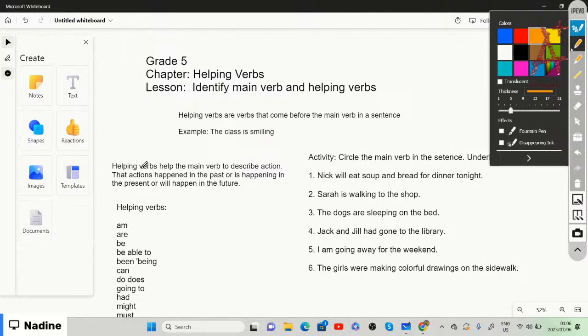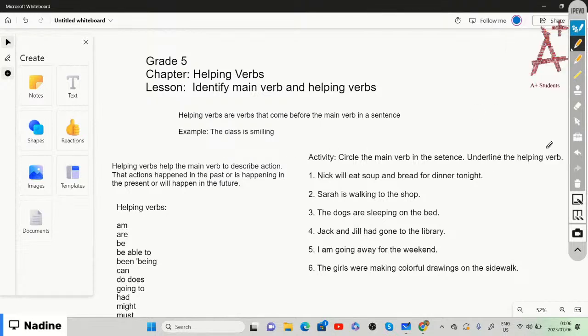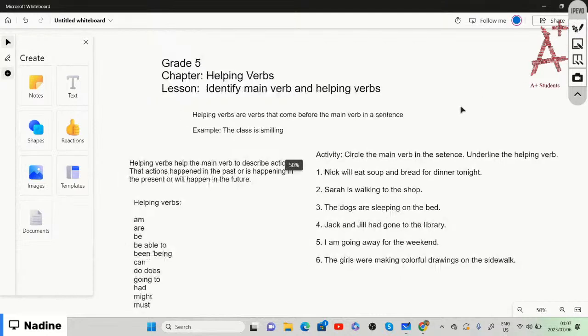It says helping verbs help the main verb to describe action. The action may have happened in the past, may be happening in the present, or will happen in the future. That is what the helping verb does.